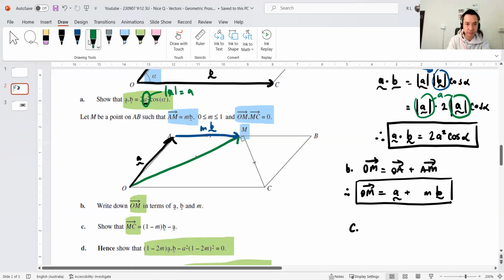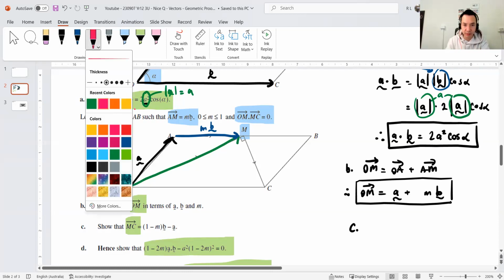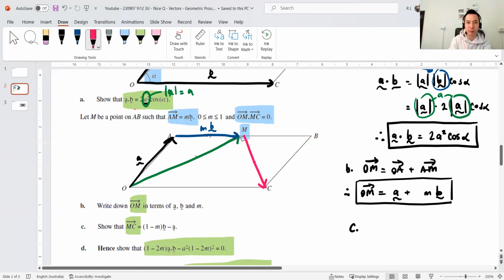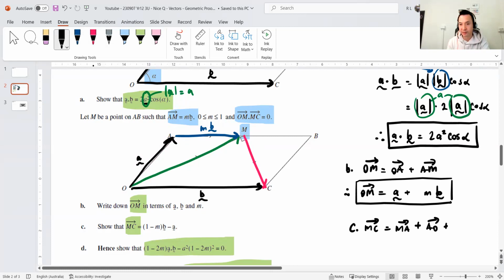Now, MC. So MC, this one here. There's a couple of ways to do this, but the way that I can see is we're going to use this quadrilateral here, 1, 2, 3, 4, and sort of connect it, because I know from upstairs as well that this is B. So I can go backwards on the blue, backwards on OA, and then plus B, and that equals C. So I can say MC equals, backwards on the blue, MA plus AO plus OC.